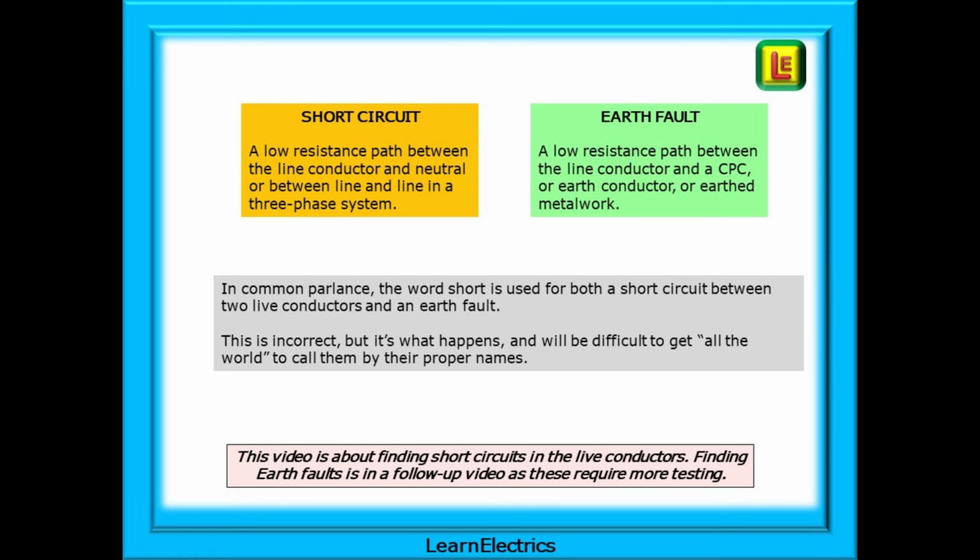In common parlance, the word short is used for both a short circuit between two live conductors and an earth fault. This is incorrect, but it's what happens, and it will be difficult to get all the world to call them by their proper names. This video is about finding short circuits in the live conductors. Finding earth faults is in a follow-up video, as these require a little more testing.